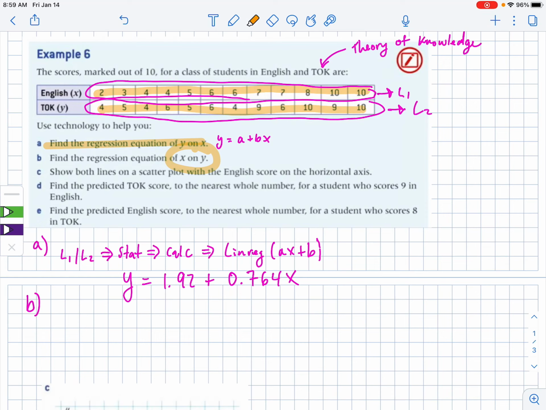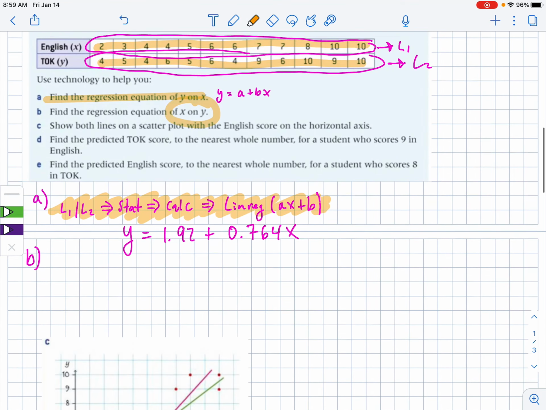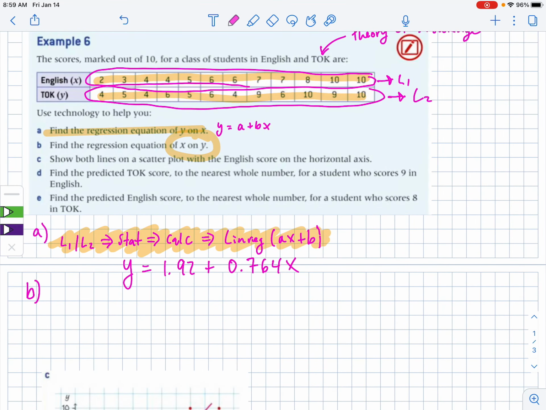The way you do that is you run lin reg the same way that you would right here. So hit stat, calc, lin reg. But then if you're on an 84, there's that menu where it says X list is something and Y list is something. What you're going to want to do is put the X list as L2 and the Y list as L1.